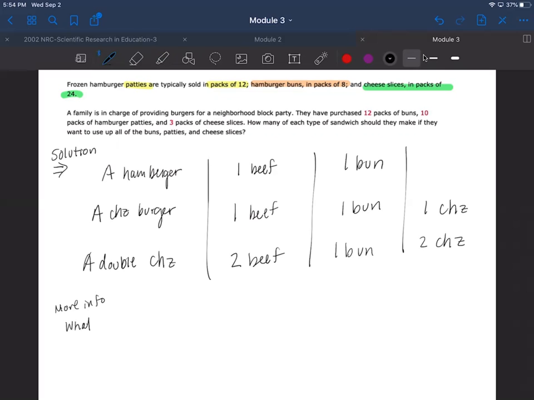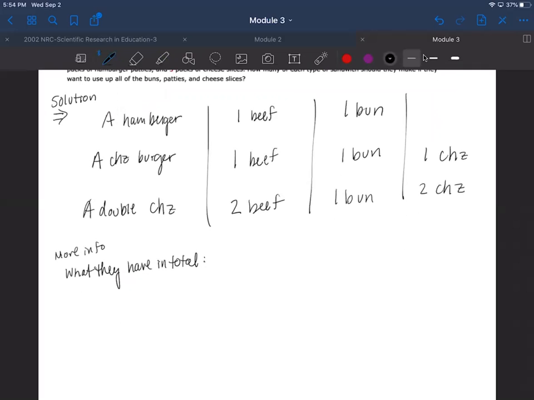So let's think about what they have in total. For the buns, they have 12 packs, 8 buns each, which gets us a total of 96.